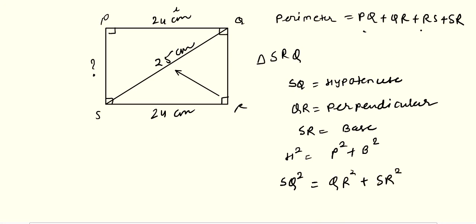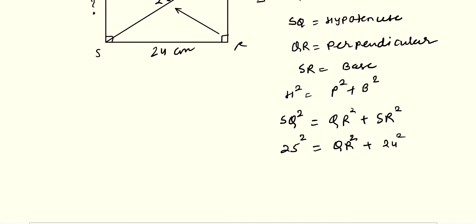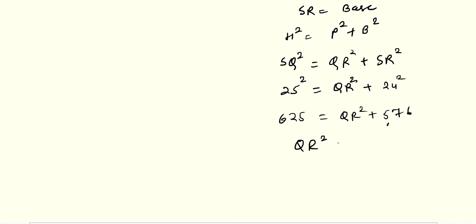SQ is 25, so 25 square equals QR square plus 24 square. So 625 equals QR square plus 576. Transposing 576 to get the value of QR square, QR square equals 625 minus 576, so QR square equals 49.